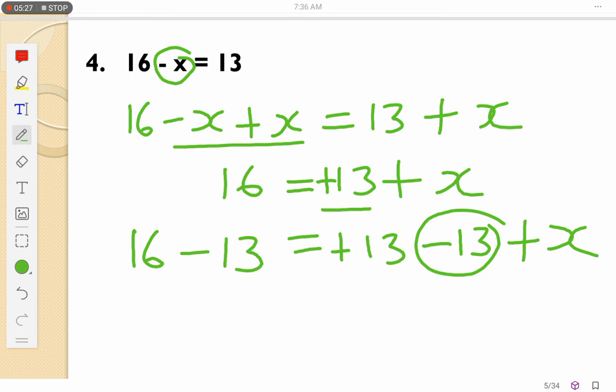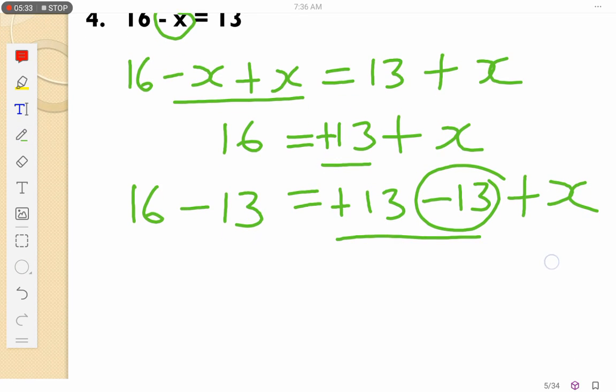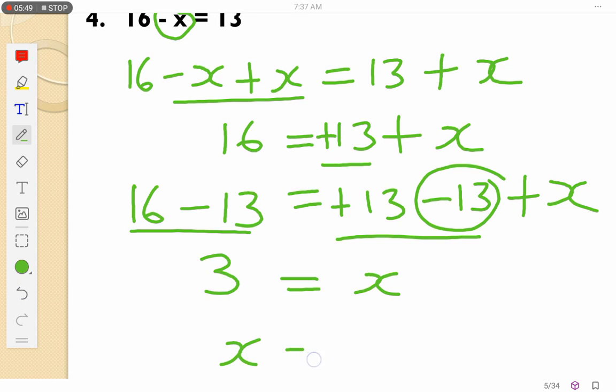For this part, 13 minus 13, we get a 0. So once I have that, on the right side I'll remain with x. Then here, 16 minus 13, I get a 3. So our x is 3, but we cannot write it and leave it like this. So what we do, we say x is equal to 3. This is the proper way of writing it.